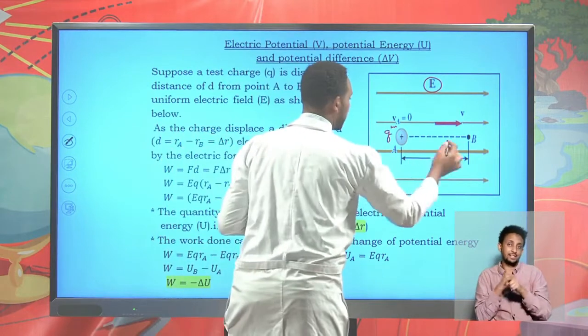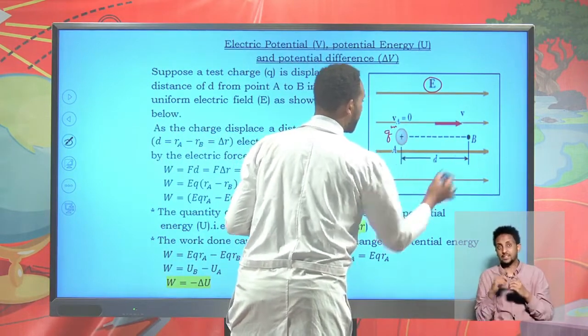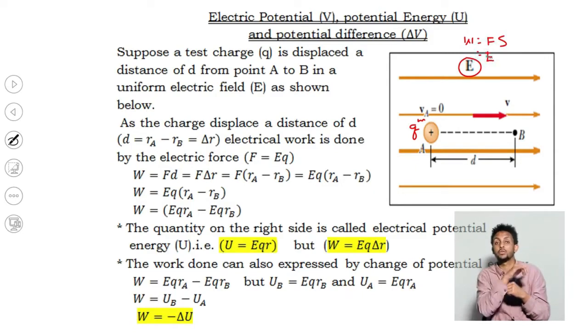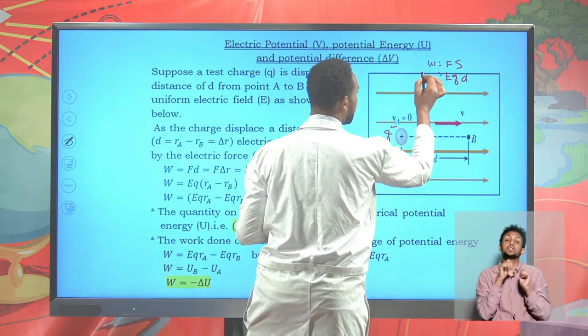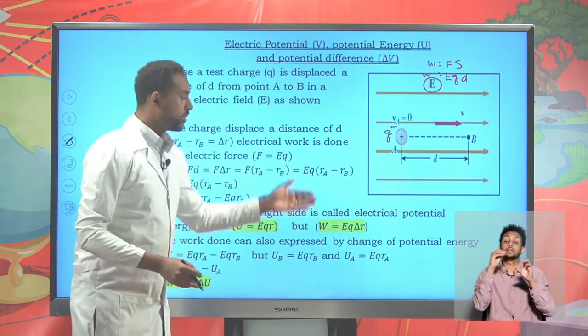The electrical work as it drifts this charged body from A to B can be given as, we know that work is force times displacement. Since it is a uniform electric field, the force is E times Q, and S is the distance D it drifts from point A to point B. So this is how we determine the electrical work performed in a uniform electric field.